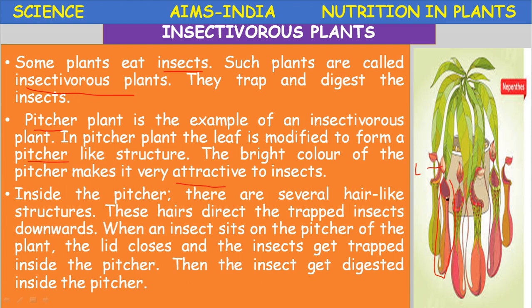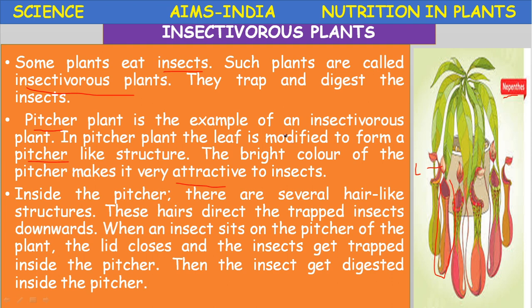Due to the juices which are present inside, it will attract the insects. When the insects enter into this, immediately the lid will close. Then it will feed on the insect. So this plant is also called a pitcher plant or Nepenthes. It is an insectivorous plant.